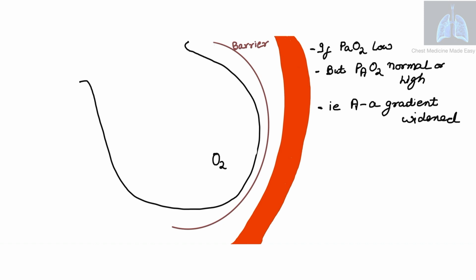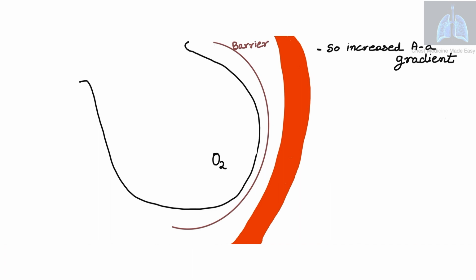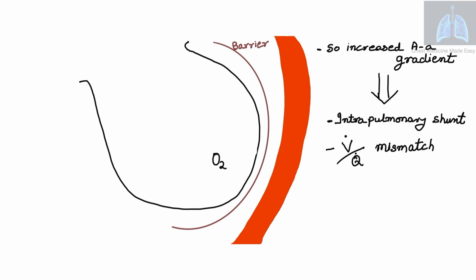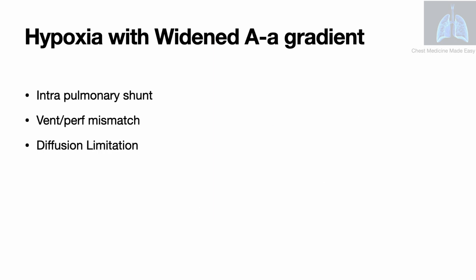That is, there is much more oxygen in the alveoli than in the arteries. So in a situation of hypoxia where there is a widened AA gradient, it implies there is an intrapulmonary shunt, a VQ mismatch, or a diffusion limitation. So to restate it, a hypoxia with a widened AA gradient implies intrapulmonary shunt, ventilation perfusion mismatch, or a diffusion limitation.